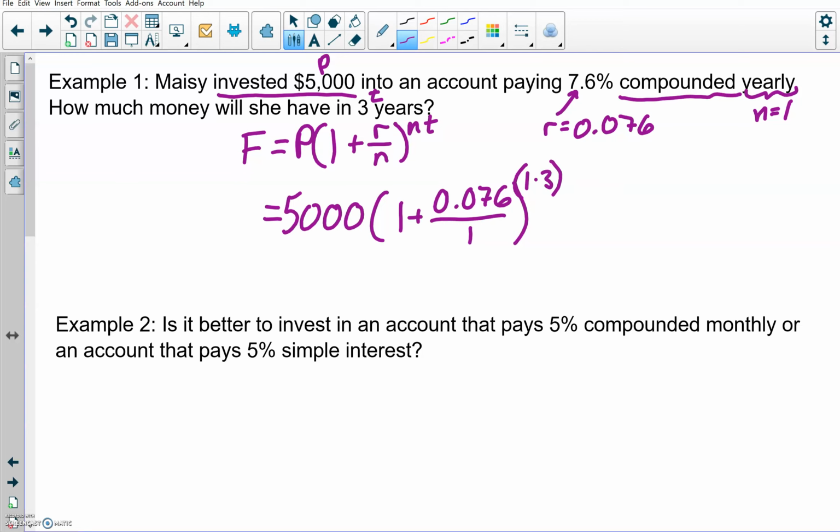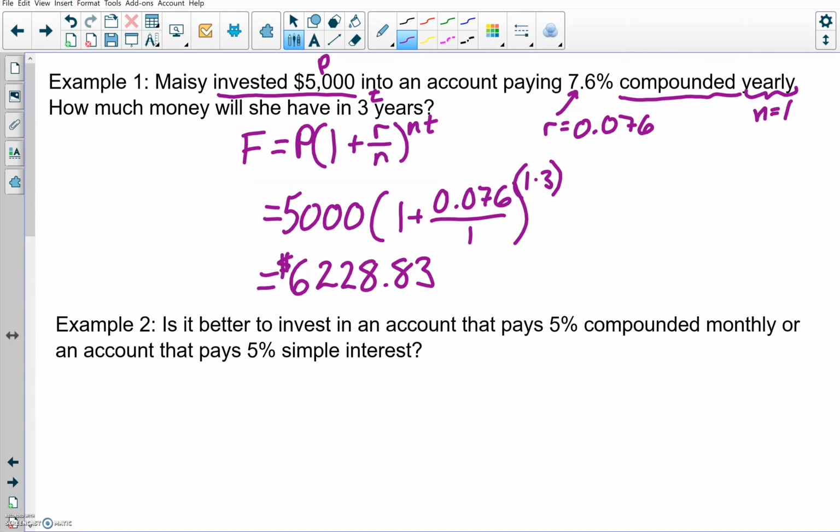If you're lazy on parentheses, you may get the wrong answers. So make sure you're just using parentheses like crazy with these financial formulas, because calculators especially get a little crazy with them. But if we work this out in the calculator or in Desmos, you get $6,228.83.